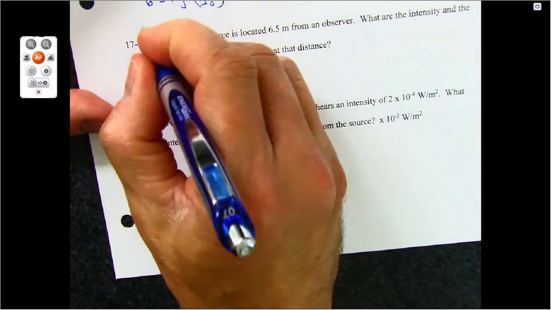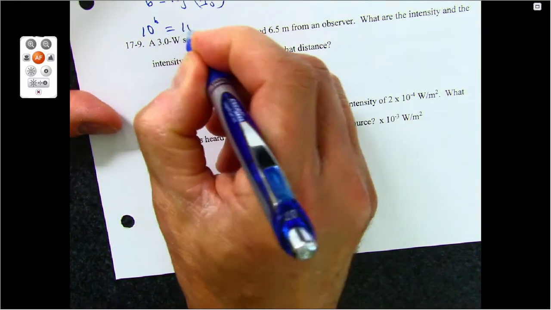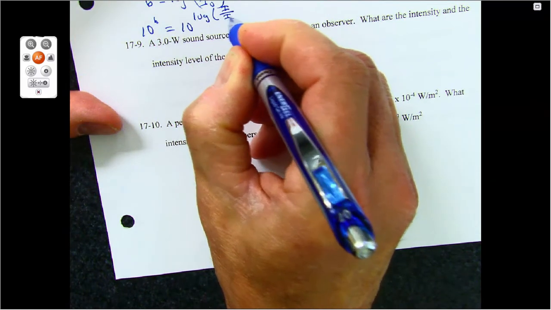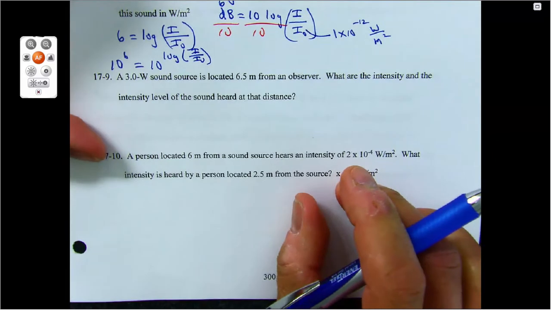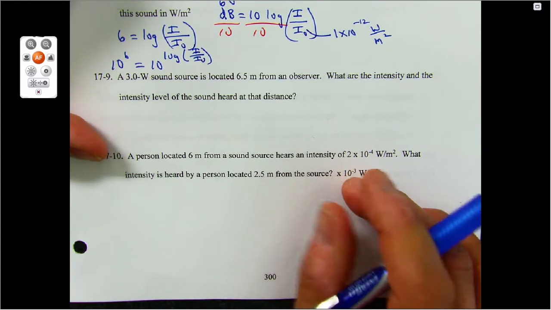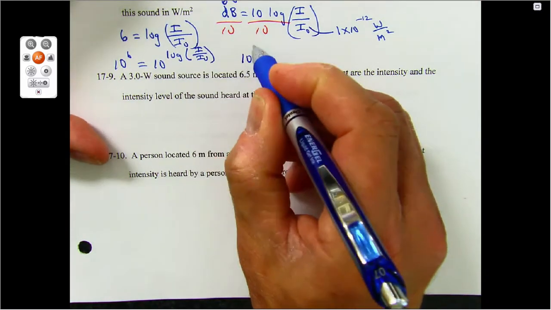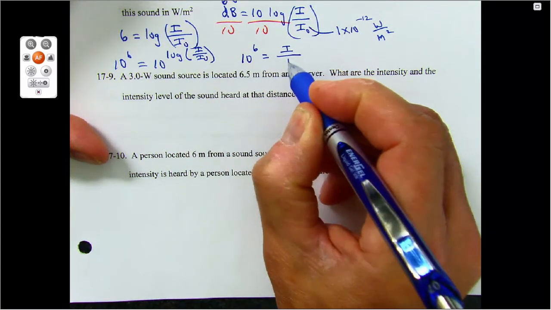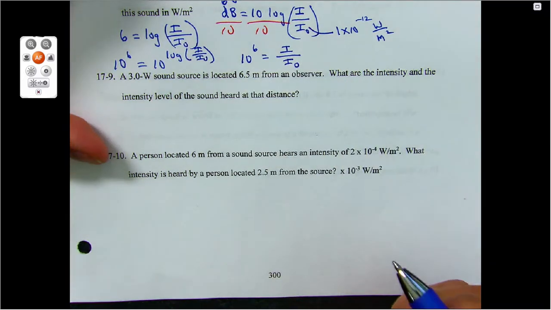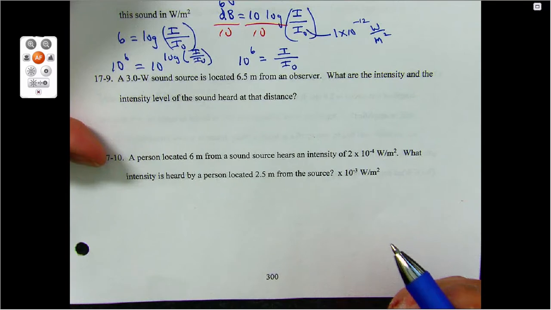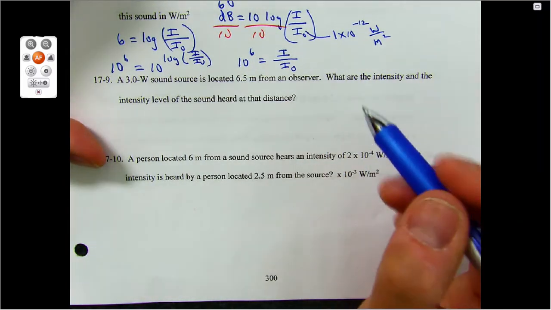So this then, we're going to go 10 to the 6th is equal to 10 to the log of I over I sub O. That means 10 to the 6th is equal to I over I sub O. Then we know what I sub O is.